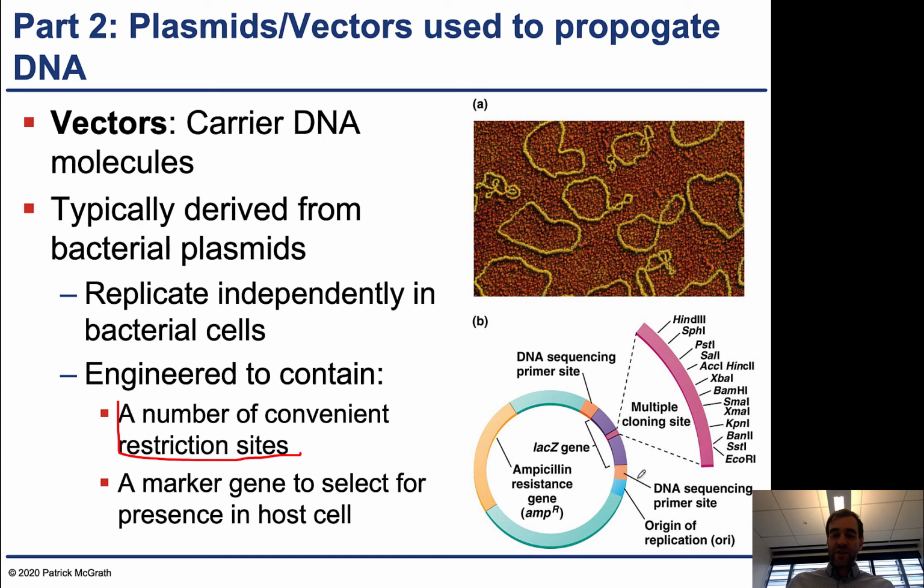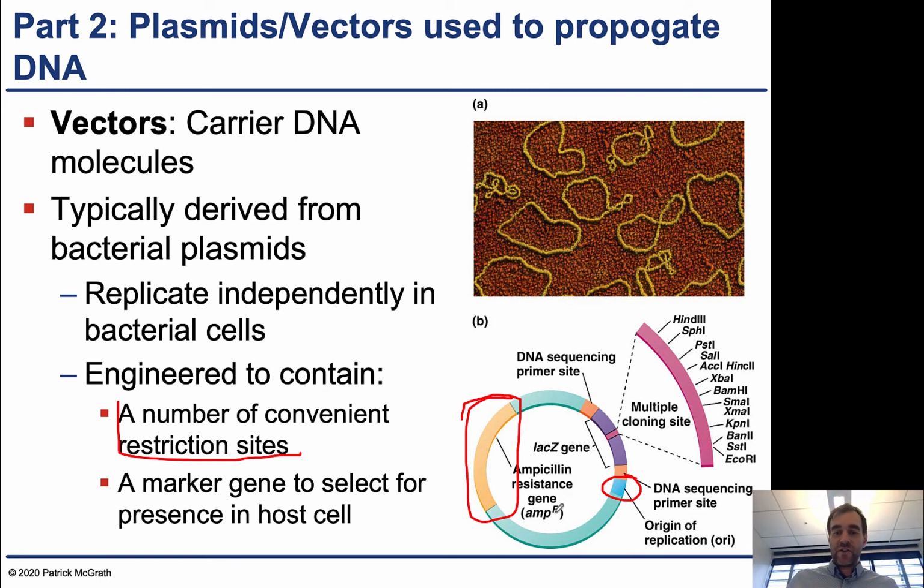These plasmids have an origin of replication, so this allows it to replicate in bacterial cells. Another thing that's important to have is a marker gene. The marker gene that we're going to use is an antibiotic-resistance gene. Ampicillin is an antibiotic that normally kills bacteria.